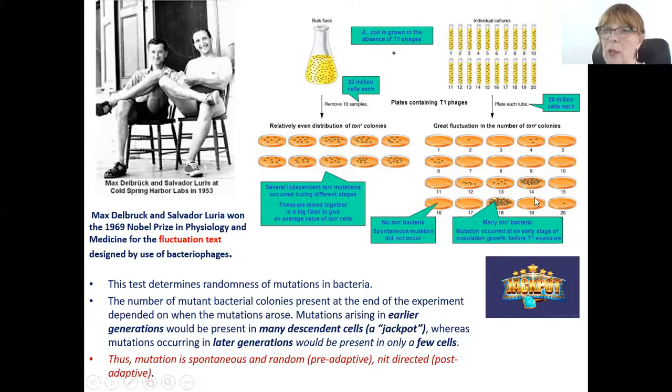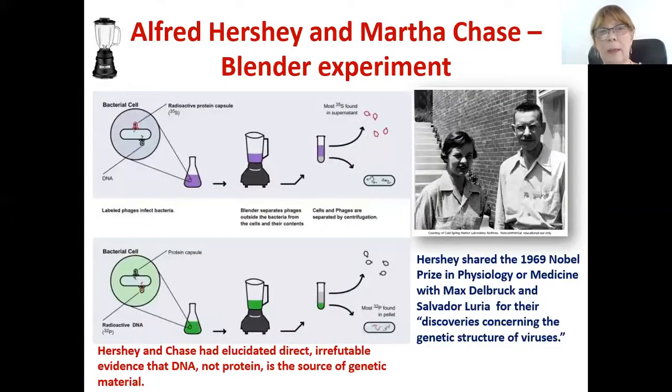Those that developed resistance to T1 bacteriophage before meeting this bacteriophage, of course, are earning a jackpot. Salvador Luria and Delbruck were awarded the Nobel Prize in 1969.